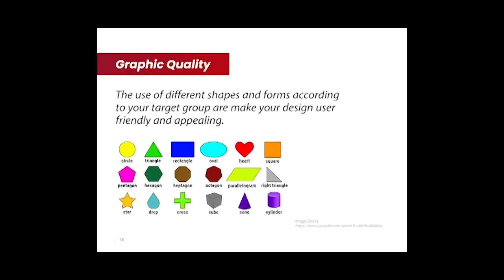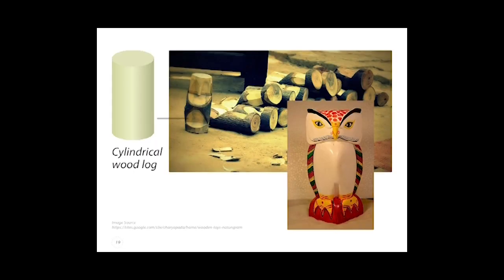So next one is graphic quality. It's important to understand the shape and form of your toys and games. Shapes are two-dimensional, like circle, triangle, oval, and forms are three-dimensional, like cube, cone, cylinder. Here you see a cylindrical wood log transformed into a beautiful toy.